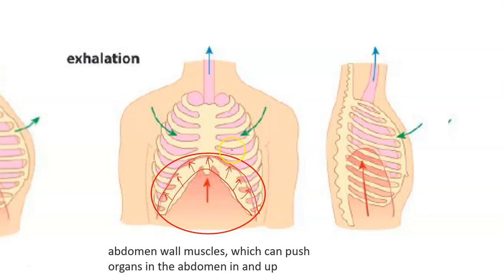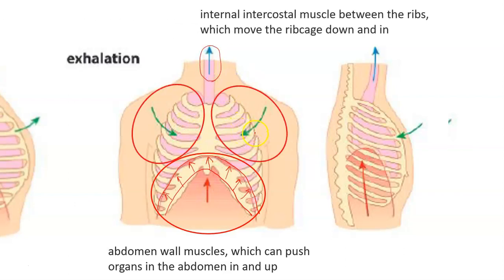What else is necessary for reducing the volume of your chest? Because in exhalation, the air should go out. So the internal intercostal muscles between the ribs move the rib cage down and in.